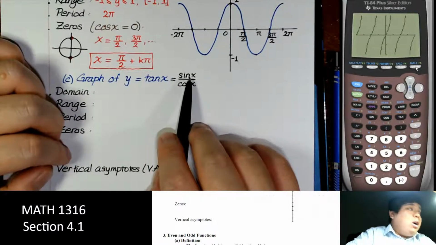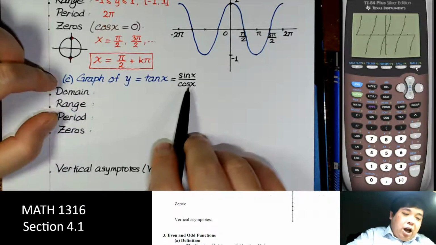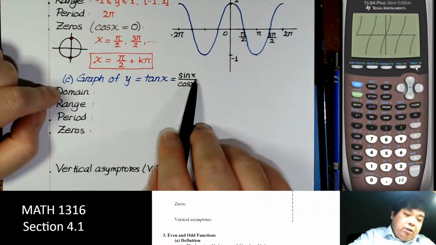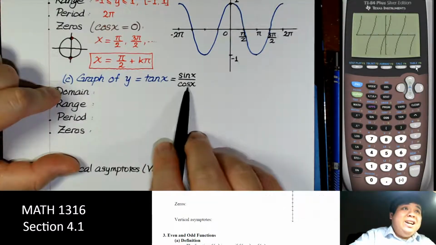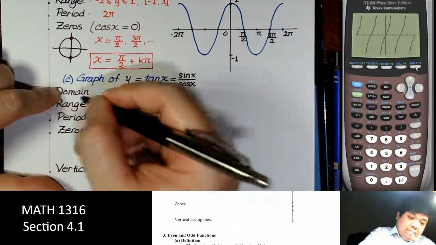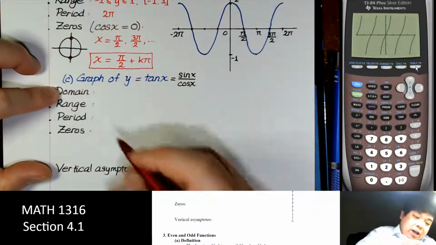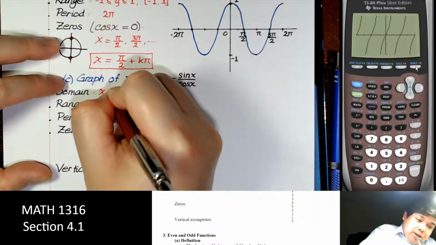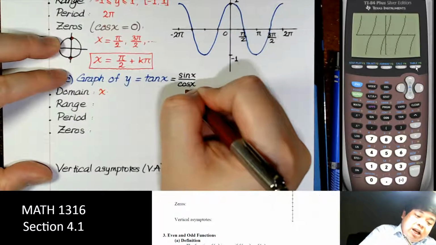So when we write sine over cosine, if cosine equals 0, then the function is undefined. If cosine equals 0, dividing by 0 is undefined. So because of that, in the domain here, cosine of x cannot equal 0.